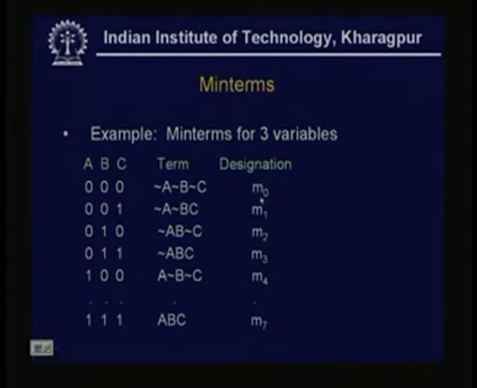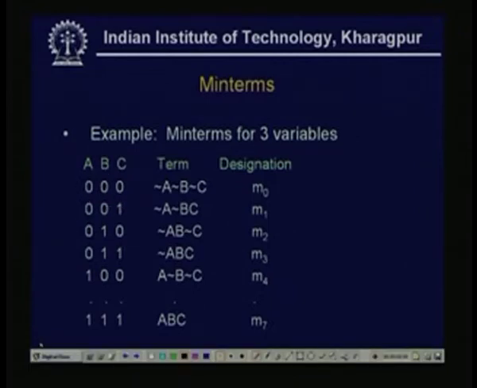These are the min terms, with a small m. This is the 0th term, that is m0, this is m1, m2, m3. Now you observe these subscripts 0, 1, 2, 3, 4 up to 7: this is nothing but the decimal equivalent of the value ABC is taking.